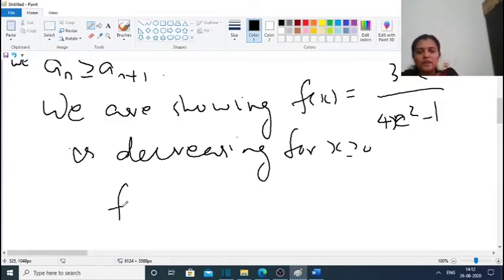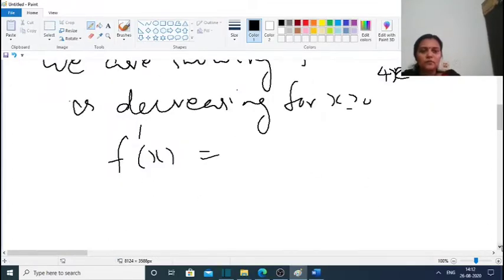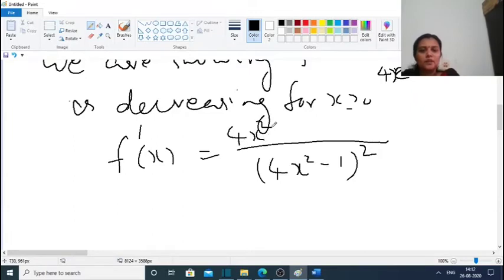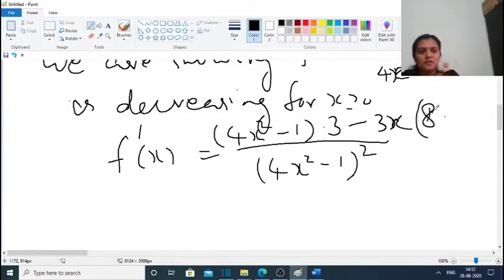For that we are finding the derivative of f of x, so this is f dash x, which is equal to (4x square minus 1) all square, 4x square minus 1 into derivative of 3 minus 3x, minus 3x into derivative of 4x square minus 1, which is 8x.